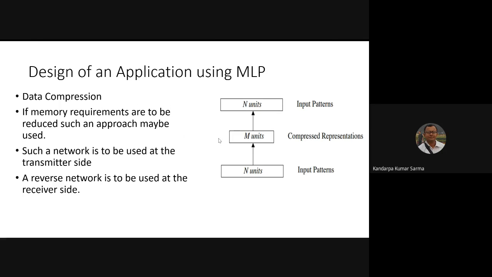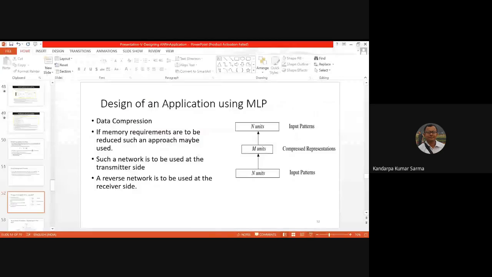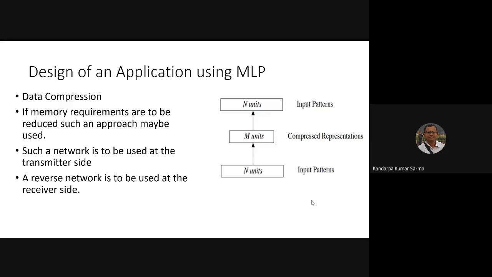Now let's come to a few very specific cases where you can use the multi-layer perceptron for real life situations. One very simplistic structure can be used for designing a data compression and decompression system. Suppose you have a system where there are n number of patterns.